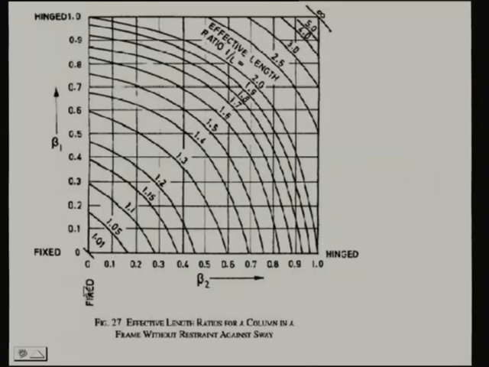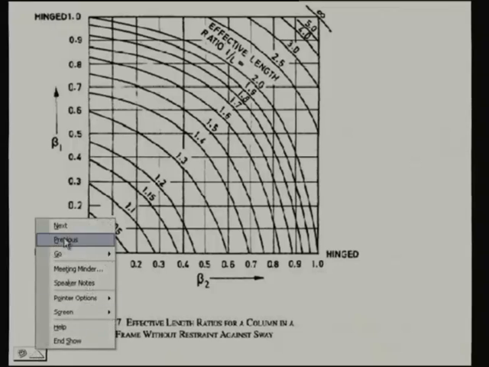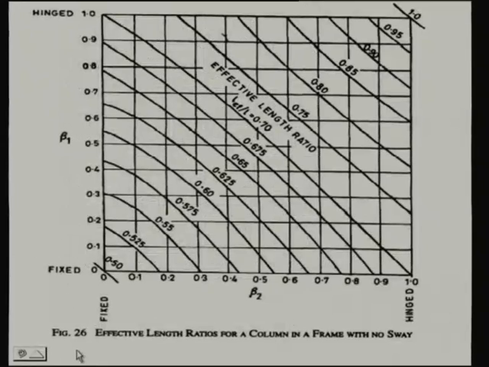For that case you will find the ratio is more than 1, going up to infinity. But anyway, this is another case when we are having sway, whereas the case we have considered is without sway. So, we shall go to the previous one, that is figure 26.